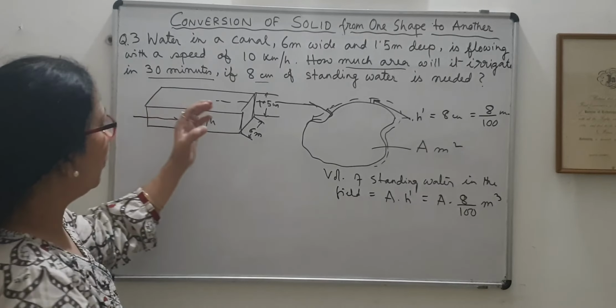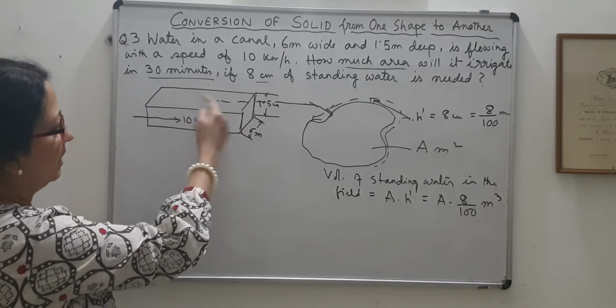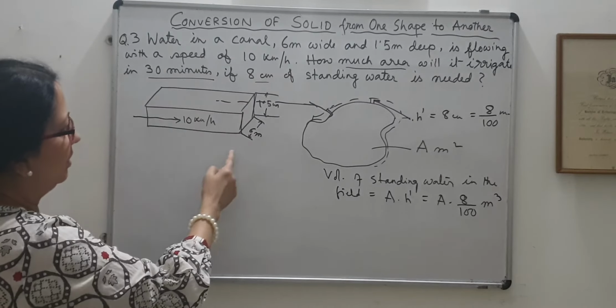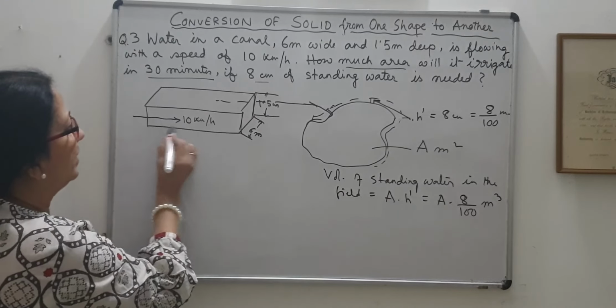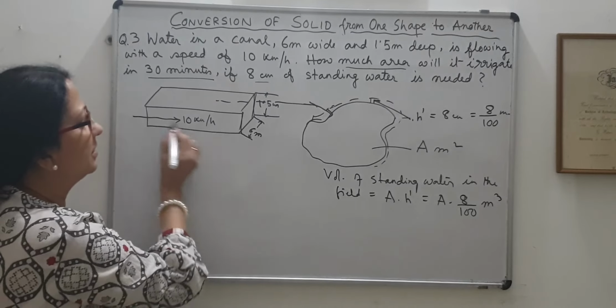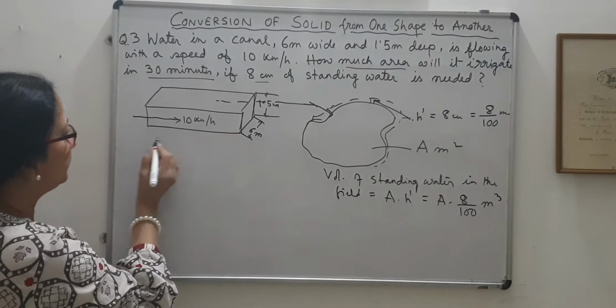The volume of water coming out of the canal in 30 minutes will be the volume of this cuboid. Now length I have to find out. So to what length is this water flowing in 30 minutes? Speed is given, 10 km per hour.